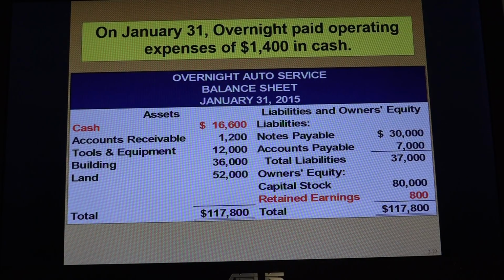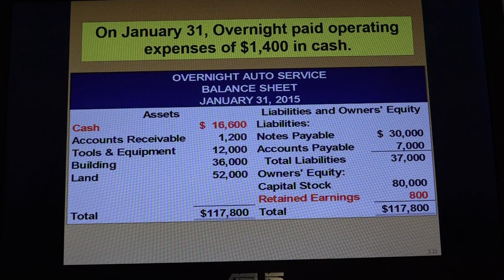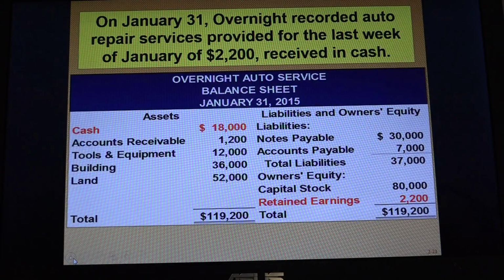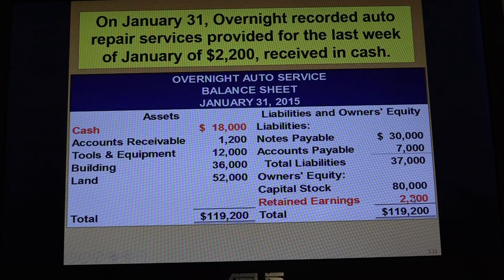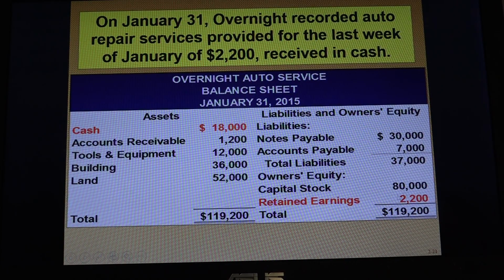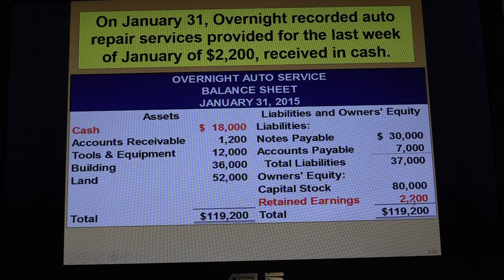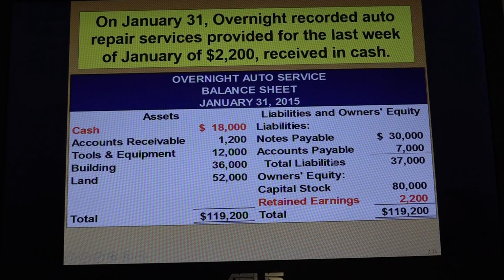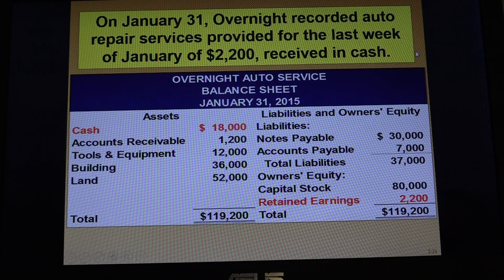On January 31, Overnight paid operating expenses of $1,400. Now note in the prior entry, in the retained earnings, they just added the amount of services that they provided. Okay, so that's revenue, same as retained earnings, at least since this is their first year, actually the first month.